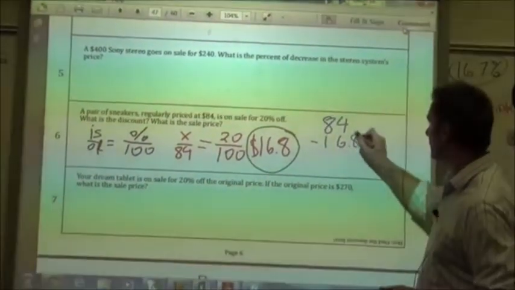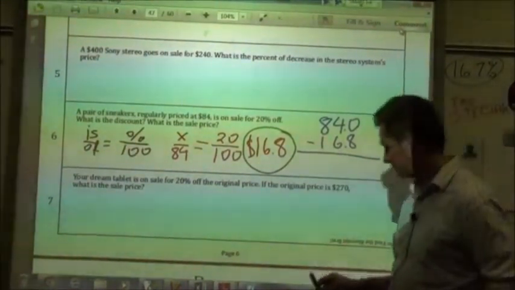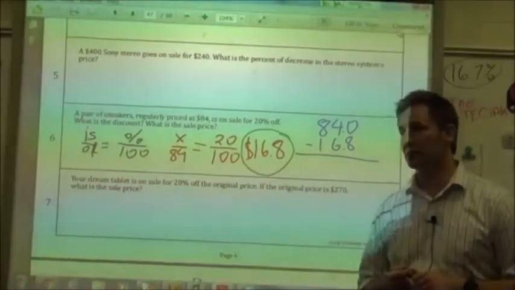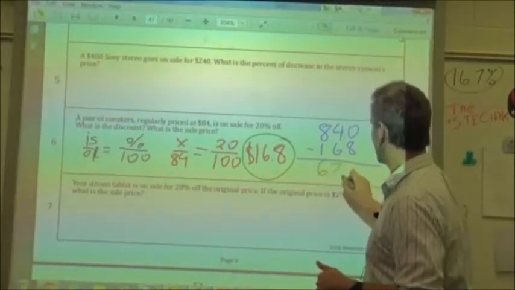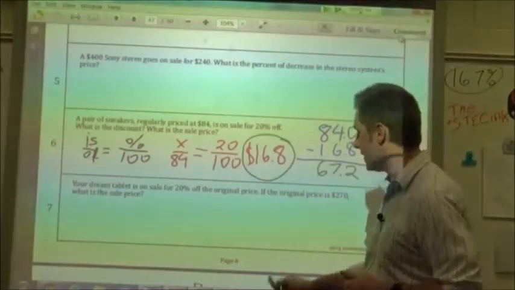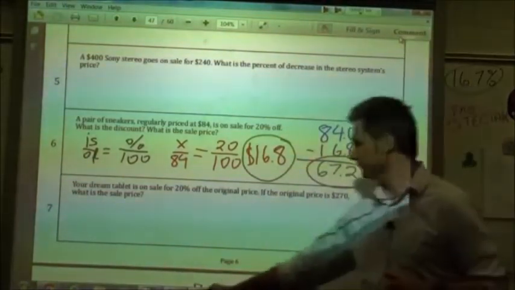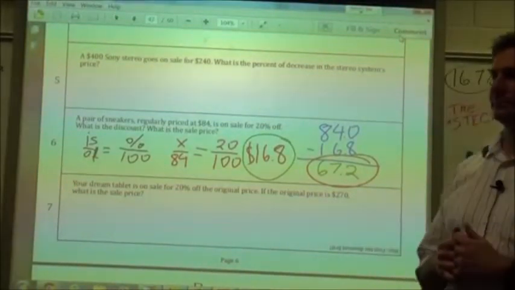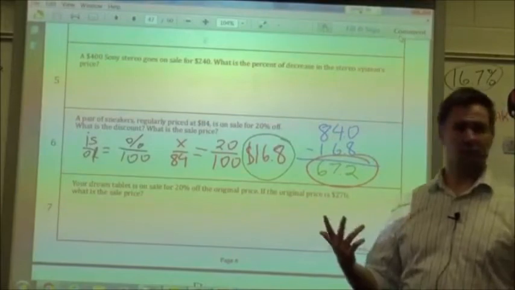Since you don't have a decimal, we put a decimal point and a 0 here. 84 minus 16.8 equals 67.2. And that, ladies and gentlemen, is the answer to the second question. Good to go? Yep. All right.